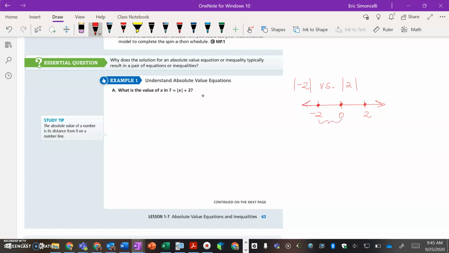This distance is 2 units. This distance is 2 units. So as it turns out, the absolute value of -2 is equal to 2, because again, that's the distance that -2 is from 0. And the absolute value of +2 is also 2.